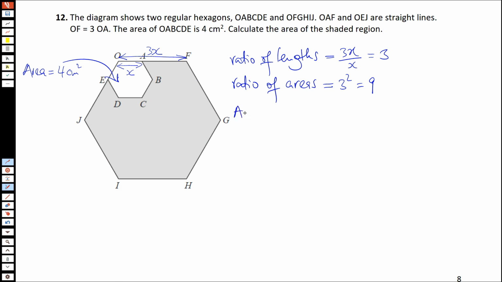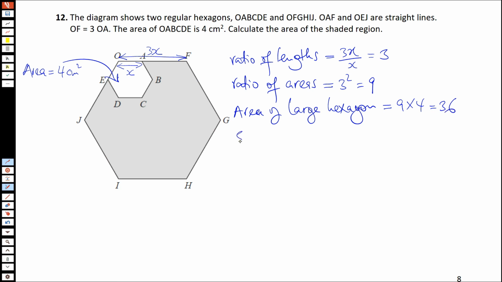So the area of the larger hexagon will be equal to 9 times the area of the smaller one, so 9 multiplied by 4, which is 36.